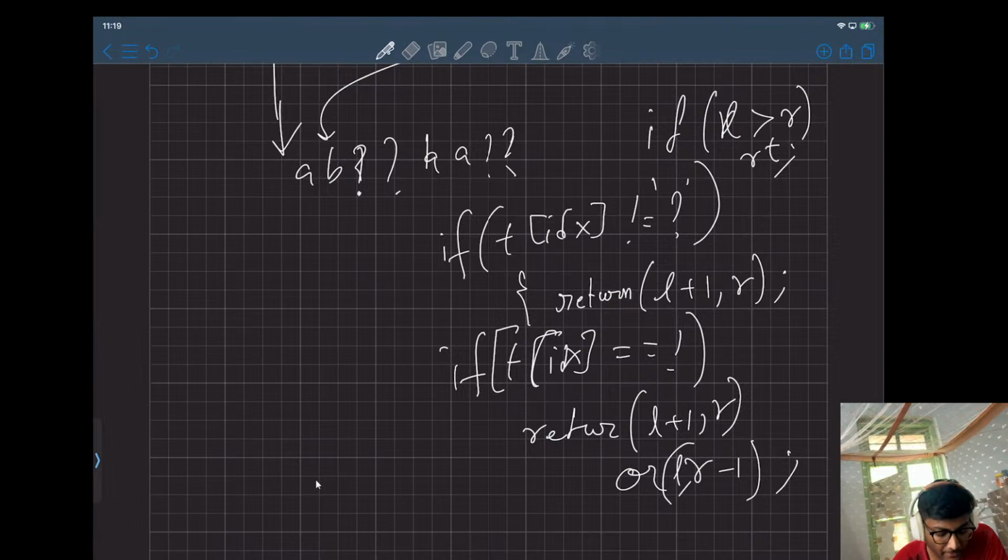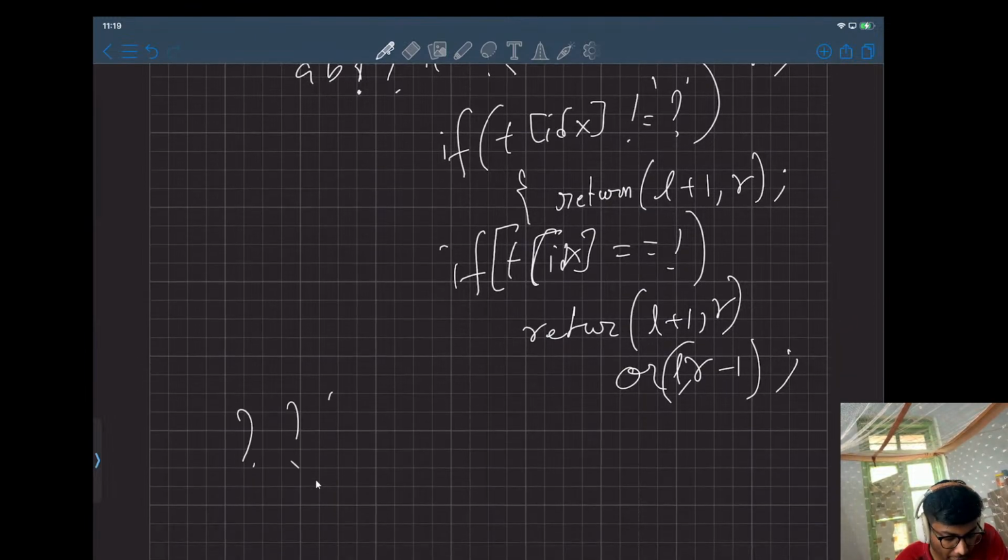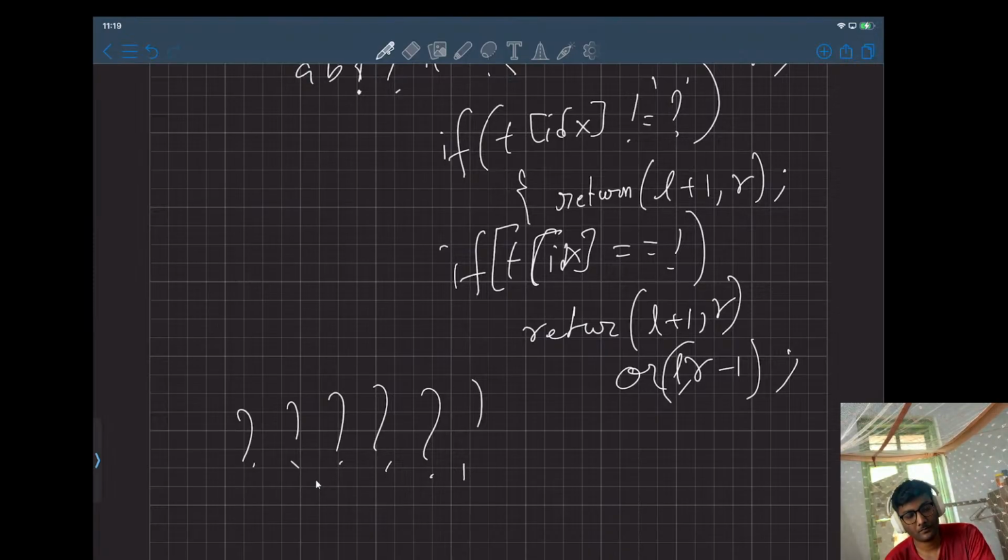Problem will arise when this will be given. So in this case, I can memoize something, but I cannot have a two-dimensional DP of L, R.